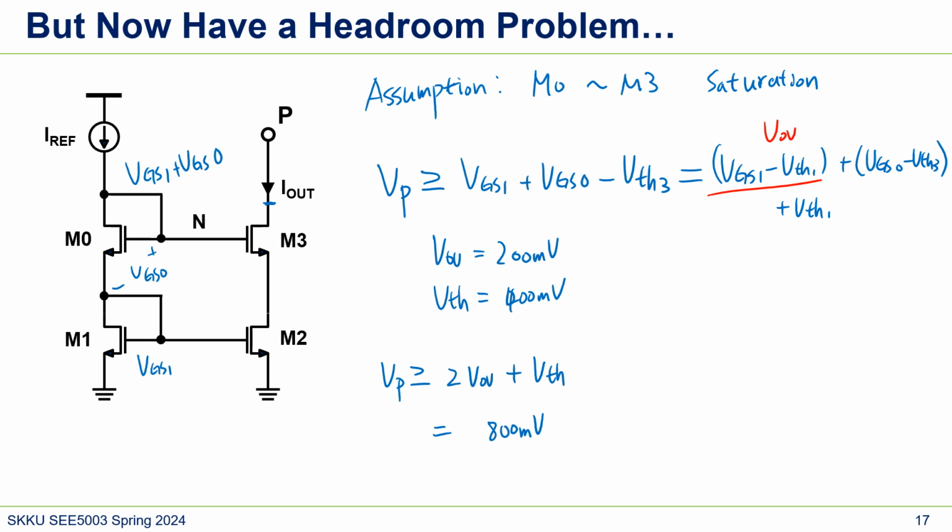So VP has to be larger than 800 millivolts, assuming that our supply voltage is 1.8 volts.